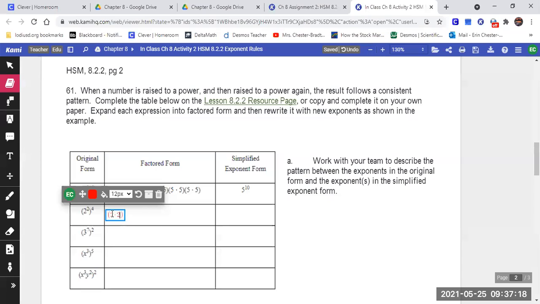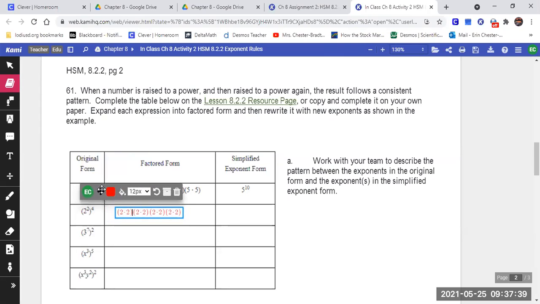2 times 2. Now, what happens though is that it's 4 sets. See the exponent says 4? So I need 4 sets of this. There's 1, 2, 3, 4. Because they said 2 to the second power, we need 4 sets of it.